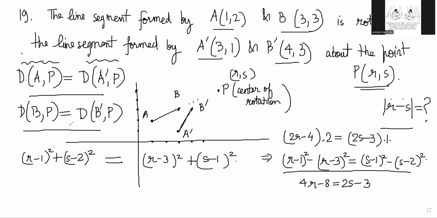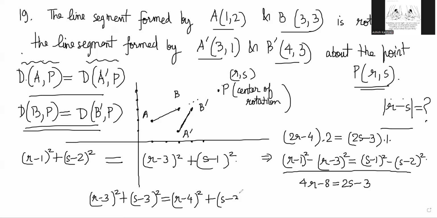The second equation is coming out to be the distance of B from P. So r minus 3 whole square plus s minus 3 whole square is equal to B dash from P, so r minus 4 whole square plus s minus 3 whole square, right?